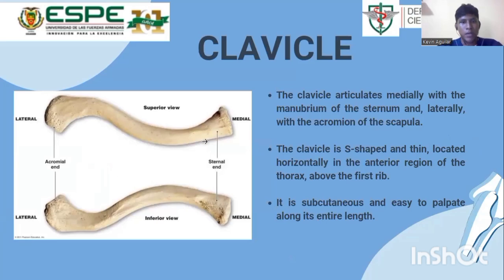The clavicle is S-shaped and thin, located horizontally in the anterior region of the thorax, above the first rib. It is subcutaneous and easy to palpate along its entire length.